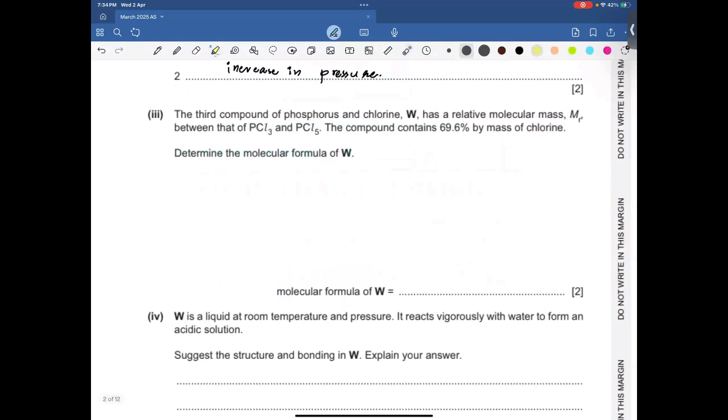That's an easy part. The third compound of phosphorus and chlorine, W, has a relative molecular mass between that of PCl3 and PCl5. The compound contains 69.6% by mass of chlorine.